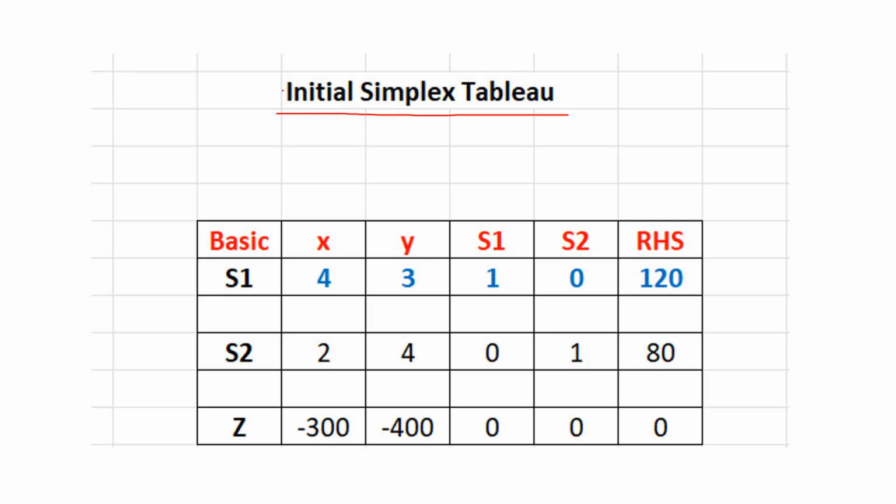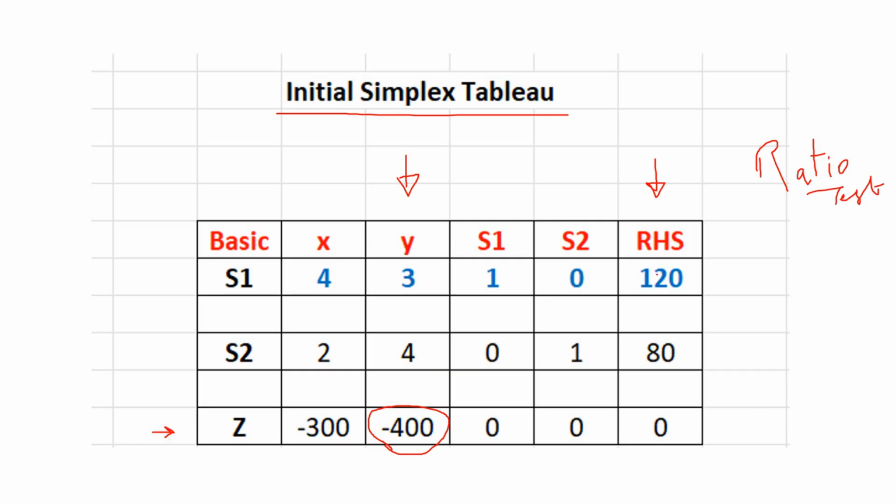So first of all, this is the format of initial simplex tableau. Now you have to prepare this table to solve the problem. Now I will explain you how to solve. So the very first step is you observe this last row. In this row, minus 400 is the most negative value. So you choose this column. Then you choose this RHS. Here you have to make ratio test.